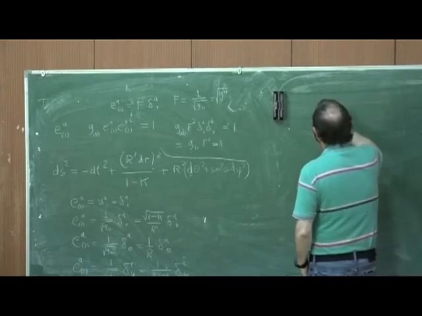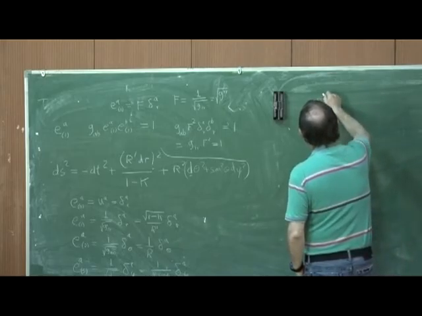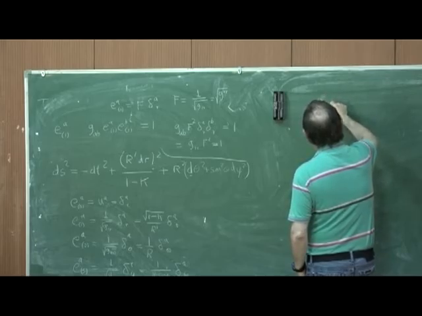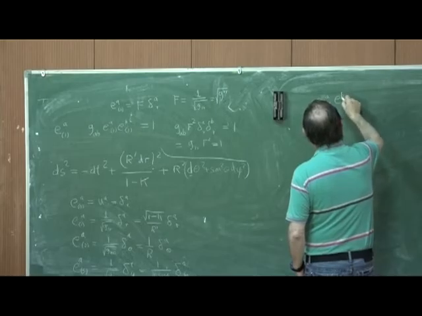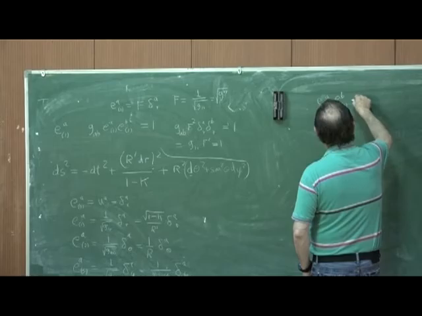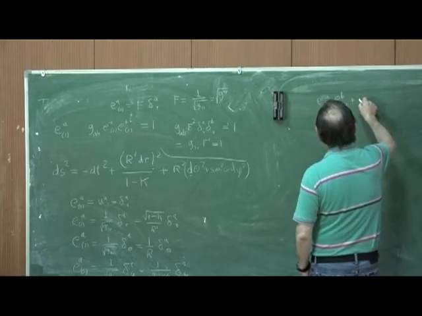See, we have E0, A, E0, B, right? We do this sum.